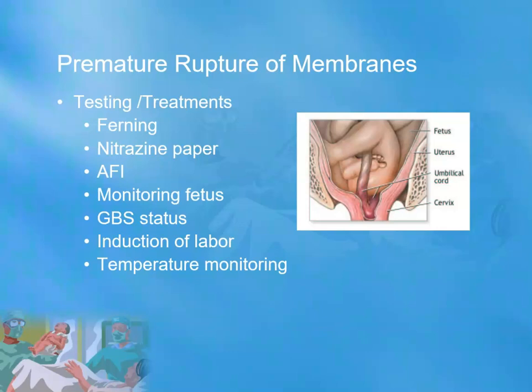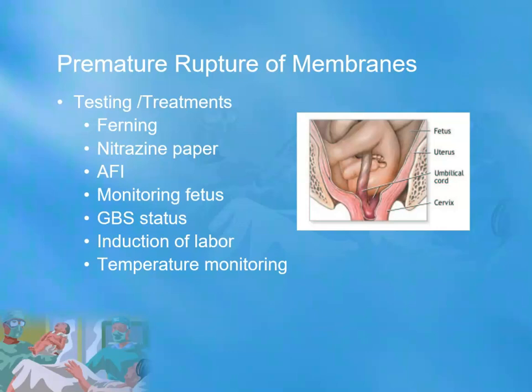And they may induce her, because she might be so far gone, like she might be 5 centimeters and she's just stuck at 5 centimeters and she's ruptured. We don't want this infection to get to this little baby. It's already going to be a little on the preemie side. We might induce this patient just to kind of get her delivered.